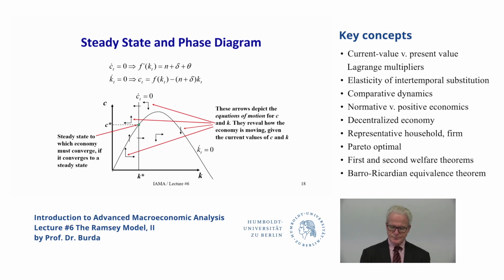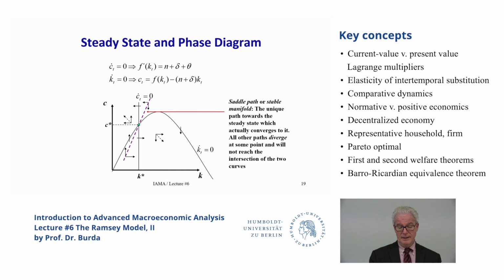It's possible to show mathematically there's only one right track, there's only one path, and that's why it's called a saddle stable path, because any path off that path is condemned to not attaining the green dot in finite time. Okay, so think of these arrows as describing the equations of motion or the laws of motion for this economy, and the way the model is set up, there's going to be exactly one path that makes it, and this can be solved for locally.